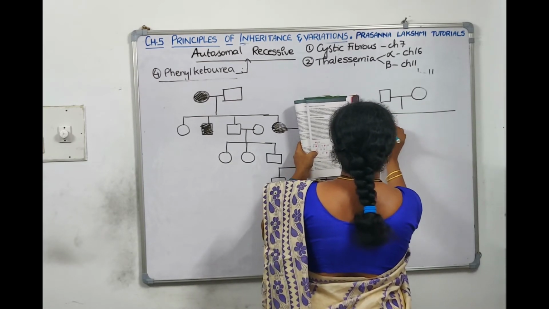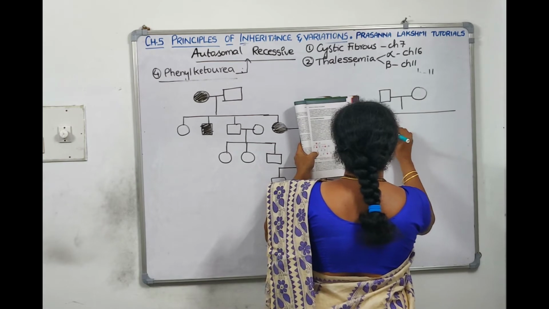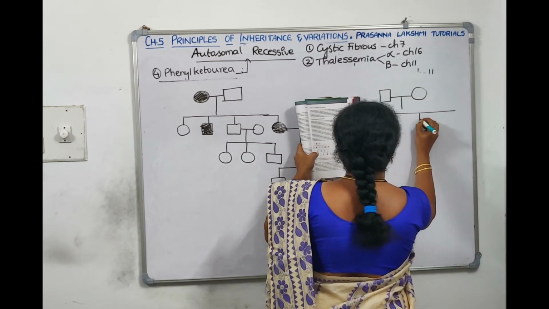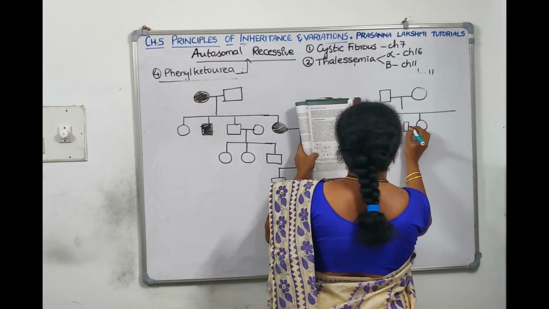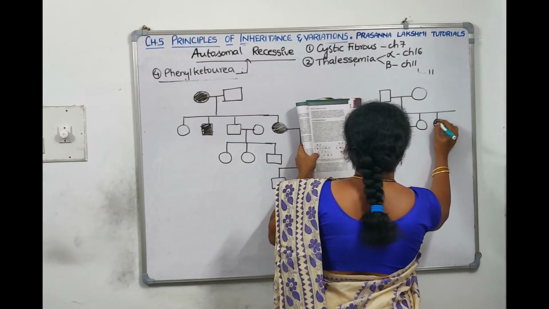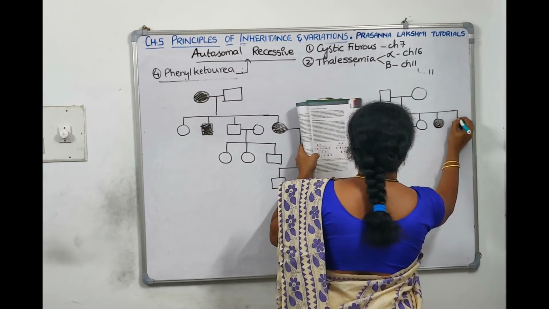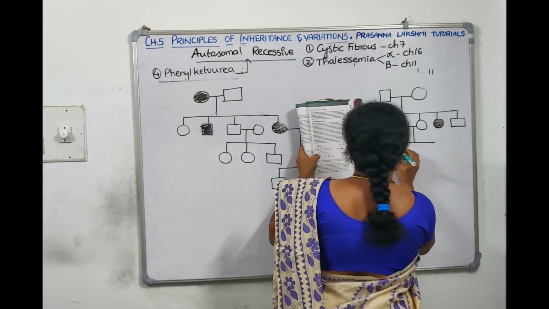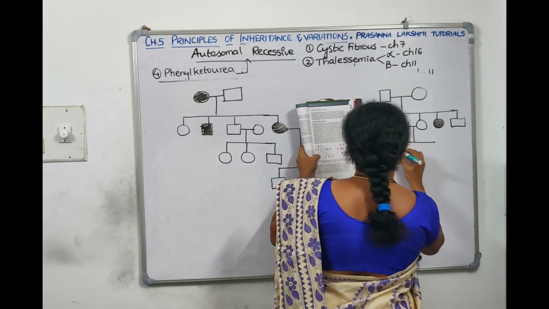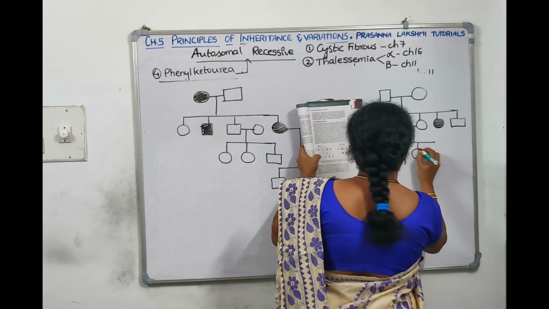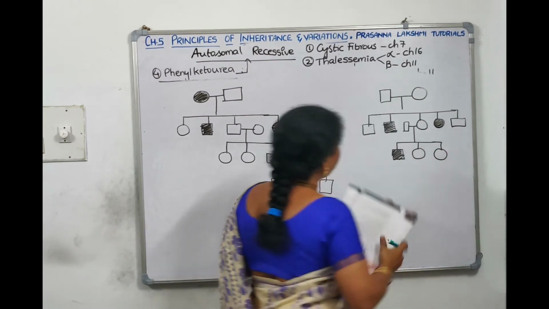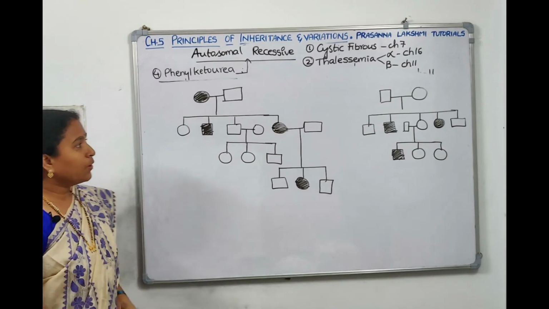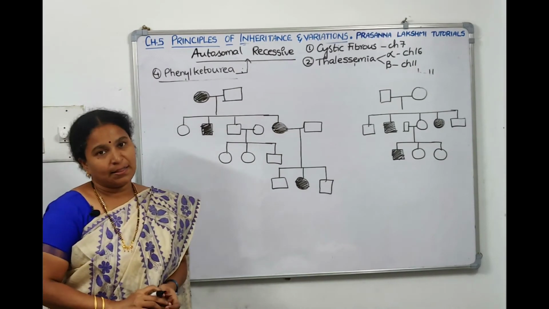One son, affected son, daughter, affected daughter, then affected son. Right, so this is the pedigree. We need to identify which type it is.